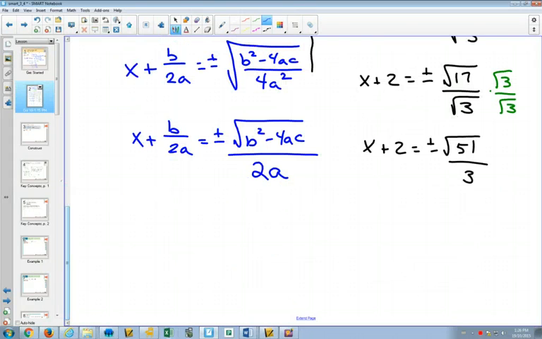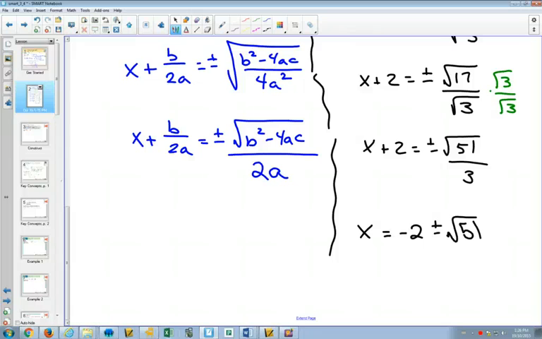And finally, to get x by itself, here we would just have to subtract 2 on both sides. And here we'd have to subtract b over 2a.